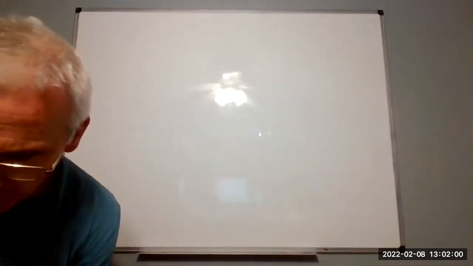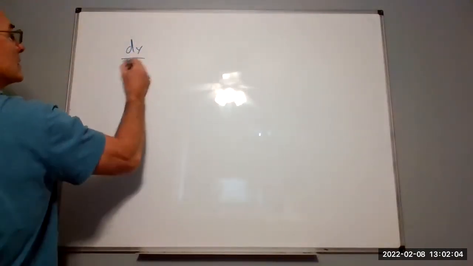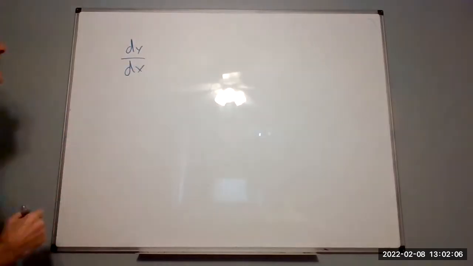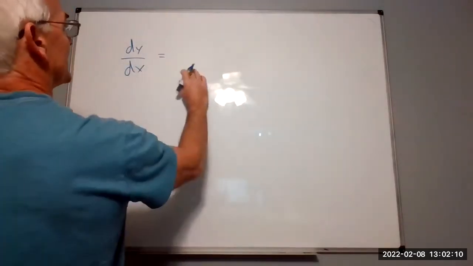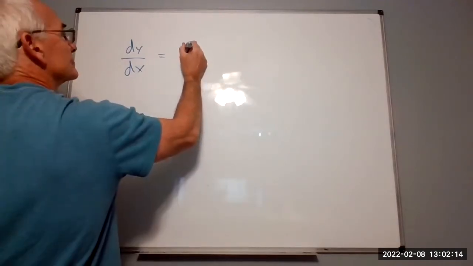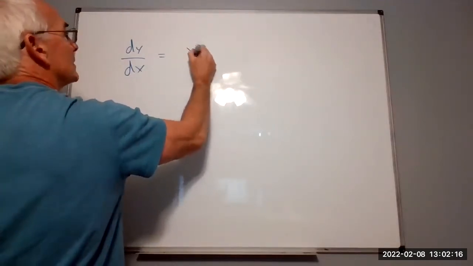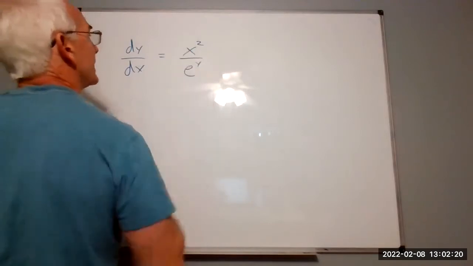None of the calculus so far, hopefully, has been taxing. So I want to solve the following problem. Let's say dy dx equals, I want to keep this simple, x squared over e to the y.